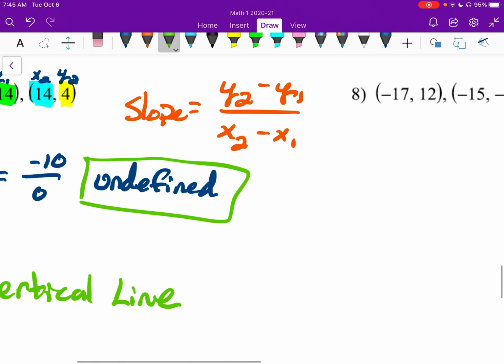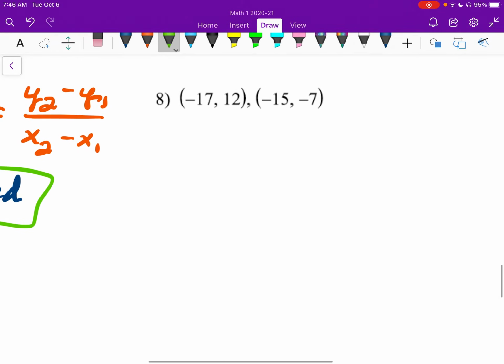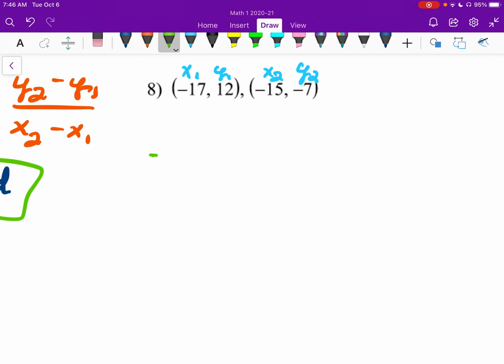So yeah, number 8. Let's keep that slope formula there. We'll do x2, well, let's make that x1. I like it more. x1, y1, x2, y2. So our formula now, we get y2, which is negative 7, minus 12, over negative 15 minus negative 17. So negative 7 minus 12 is going to be negative 19.